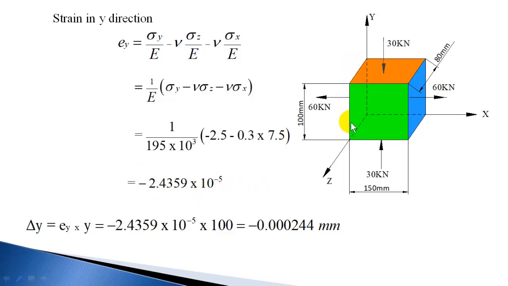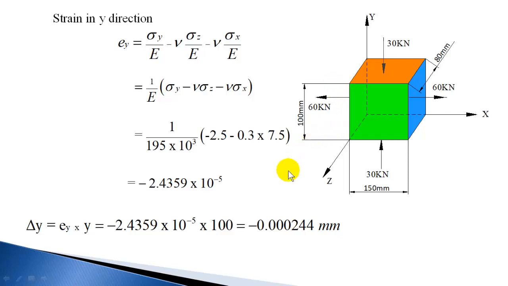So in 100 mm, totally 100 mm length is there, the decrease is going to be so much. So minus 0.000244 mm. That will be the decrease in length in y direction. The block dimension was 100, now it will be less than 100. So much decrease will take place in y direction.